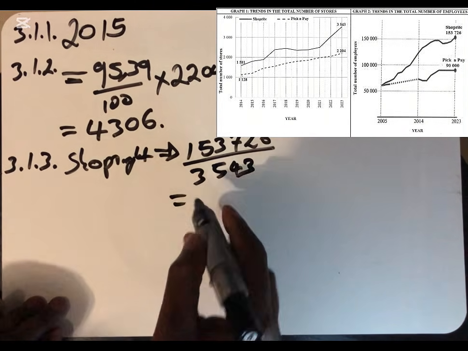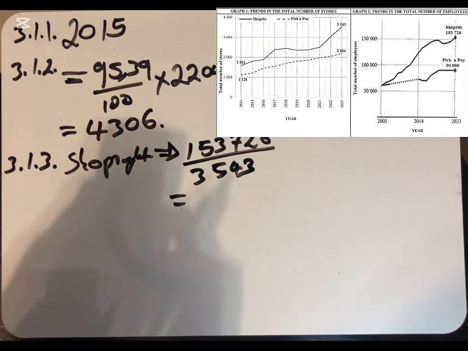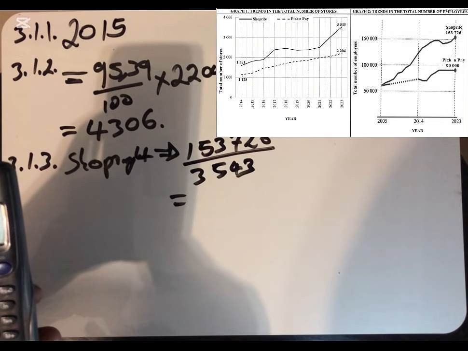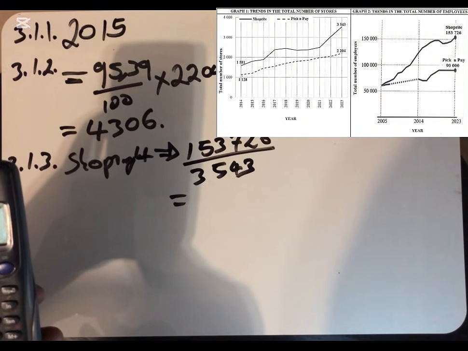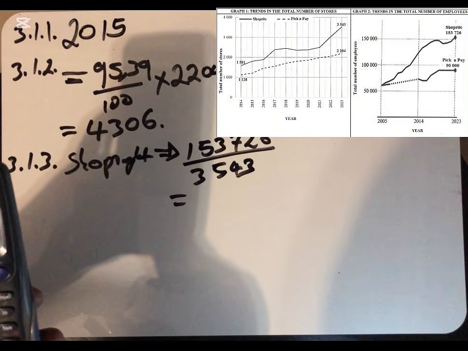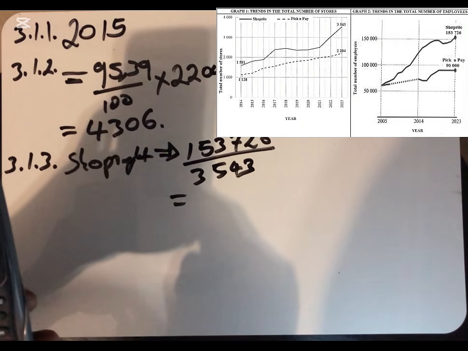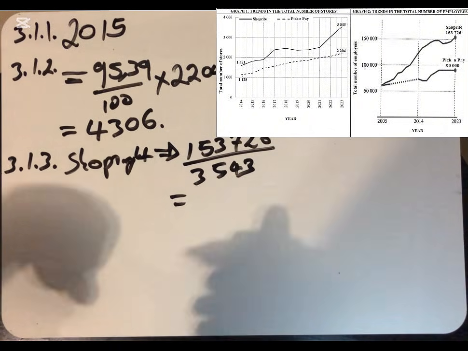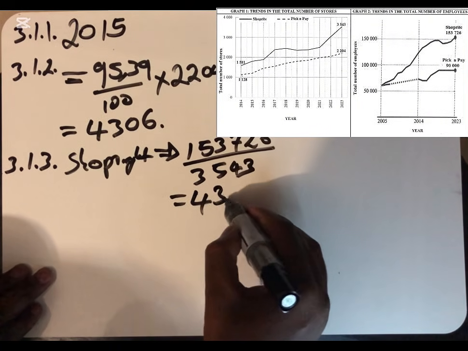We can find the number of employees at ShopRite by saying 153,726 divided by 3,543. We find that it's having 43 employees per store.